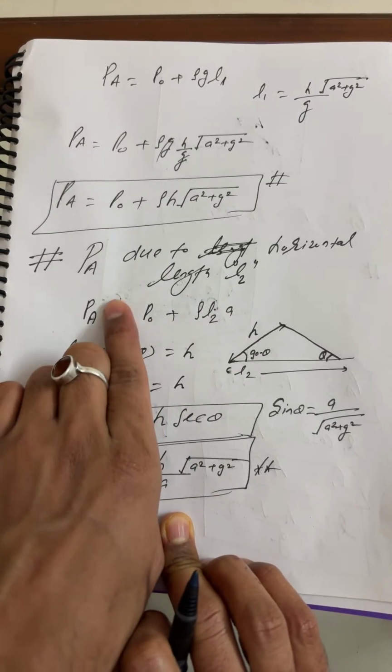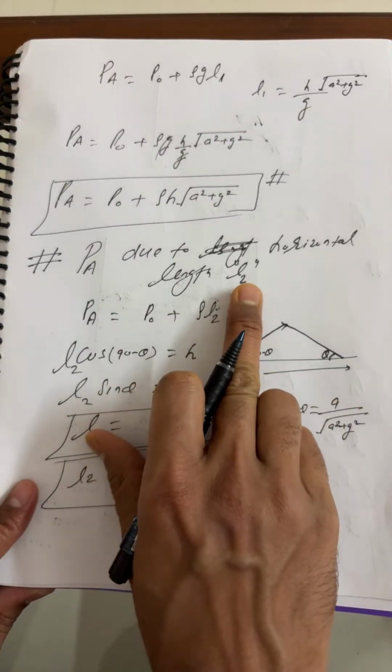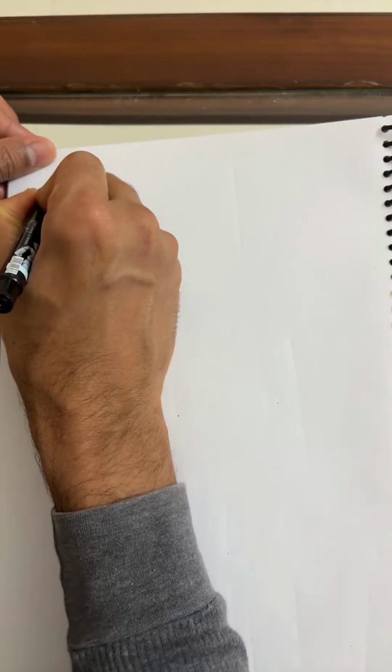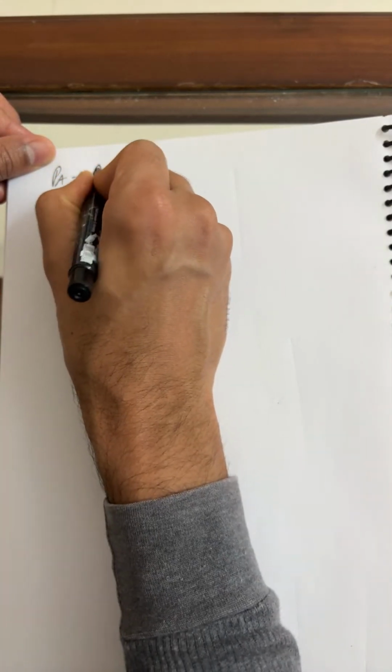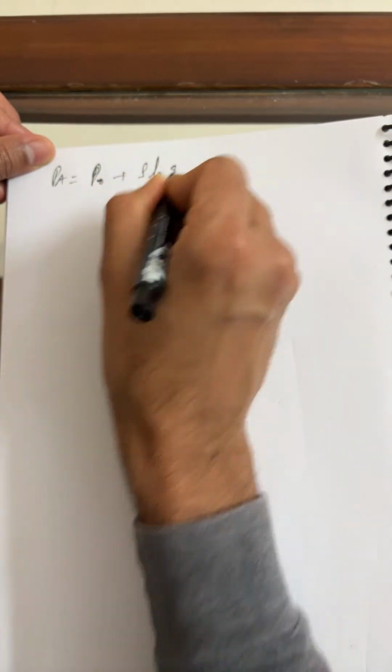Then you will get pressure due to horizontal length with respect to what? Free surface, my dear. So L2. Have a look here, everyone. Pressure at A: rho naught. This is P naught, my dear. Rho L2 into a.